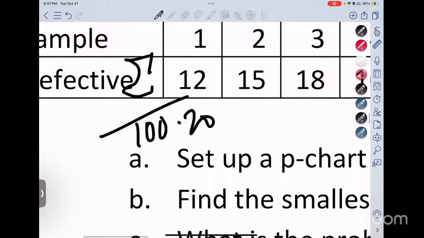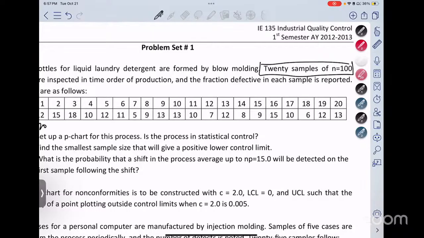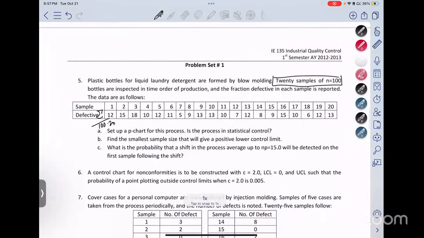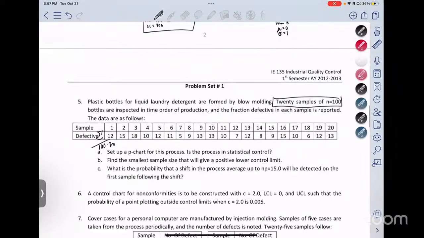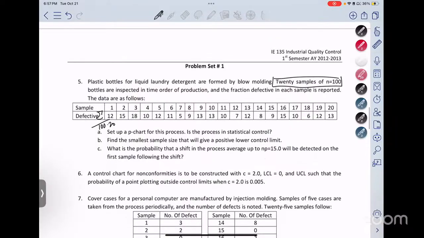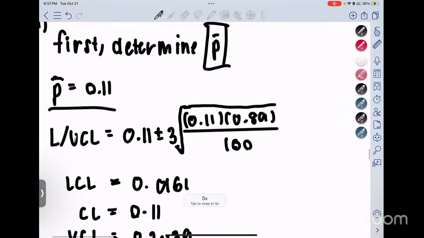In this case, you will get the same answer even if you average each p, but it matters when the sample size is different. When the sample size is different, you want to add first the number of defective or nonconforming, and then divide by the total samples in the whole thing. So you don't divide individual pieces per sample when the sample sizes are different.